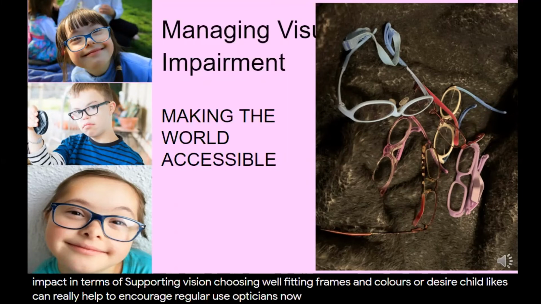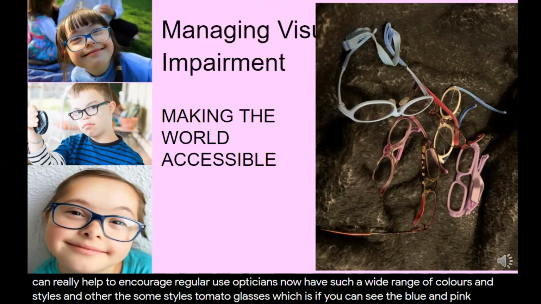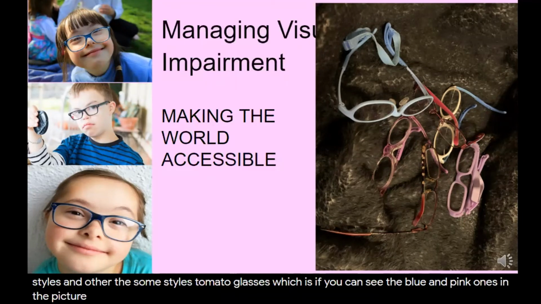I think opticians now have such a wide range of colours and styles, and there are some styles, notably the tomato glasses, which, I don't know if you can see the blue and the pink ones in the picture, are designed to fit well to the slightly flattened face shape of someone with Down syndrome.